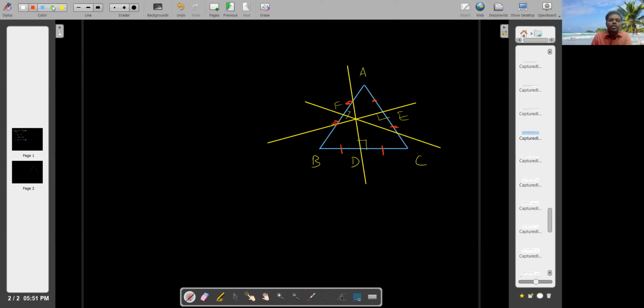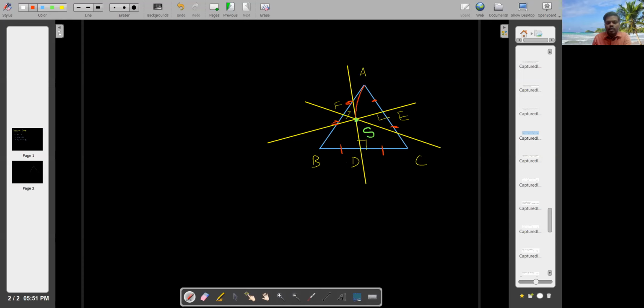The point of convergence of perpendicular bisectors of a triangle is called circumcenter. It is denoted by S. Circumcenter is equidistant from the vertices of the triangle.